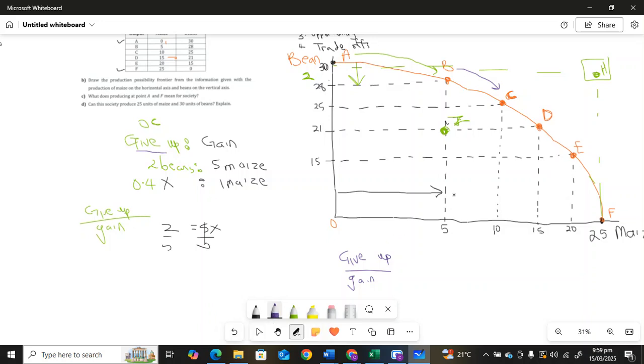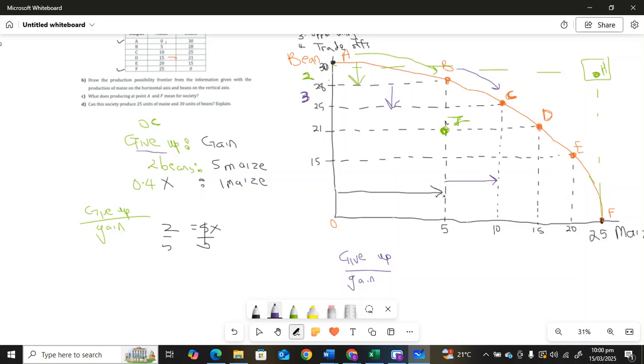We're gaining another 5 units of maize, but the opportunity cost, what are we losing? 3 units, yes. We're giving up 3 beans. We're giving up 3 units to gain 5.